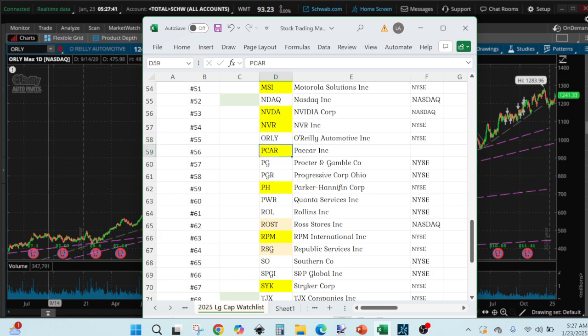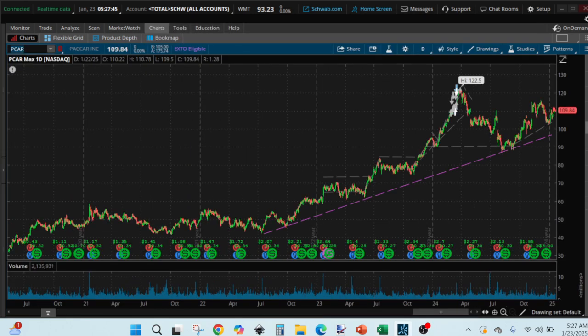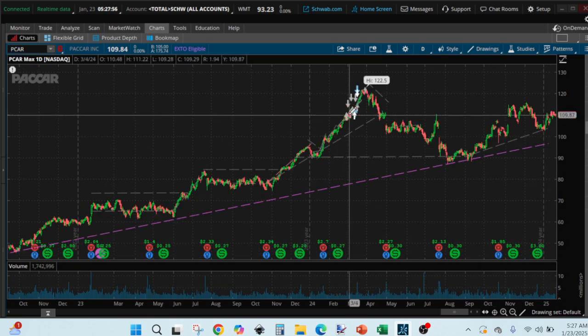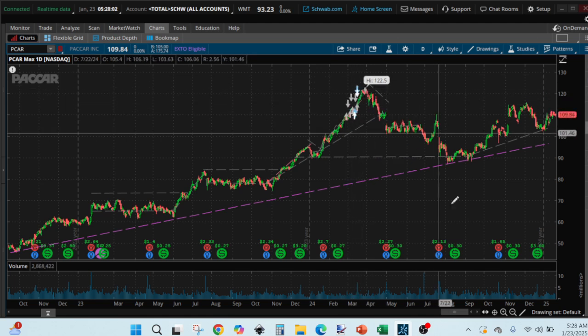So PCAR, we have some in our portfolio. We purchased it somewhere there. We purchased a few times during the year, and the arrows at the bottom point out where we bought it, arrows on the top point out where we sold. So we bought it there, and it dropped.